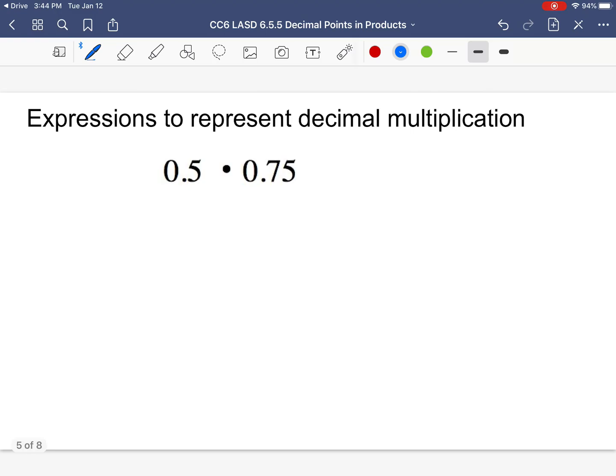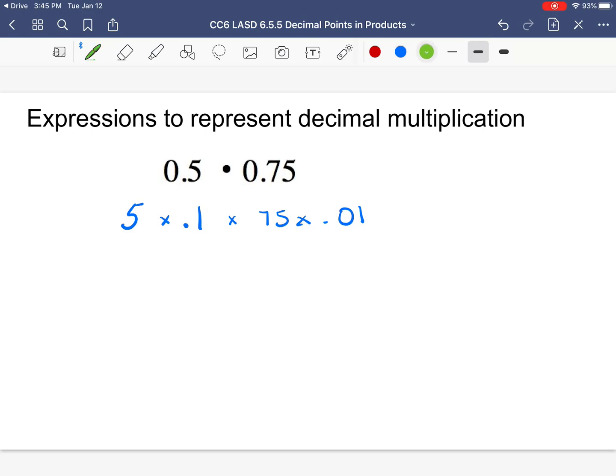So there are different expressions you can write to represent a decimal multiplication problem. Here we have 0.5 times 0.75, and that's equivalent to 5 multiplied by 0.1, and then multiplied by 75 times 0.01, because it's 75/100ths.